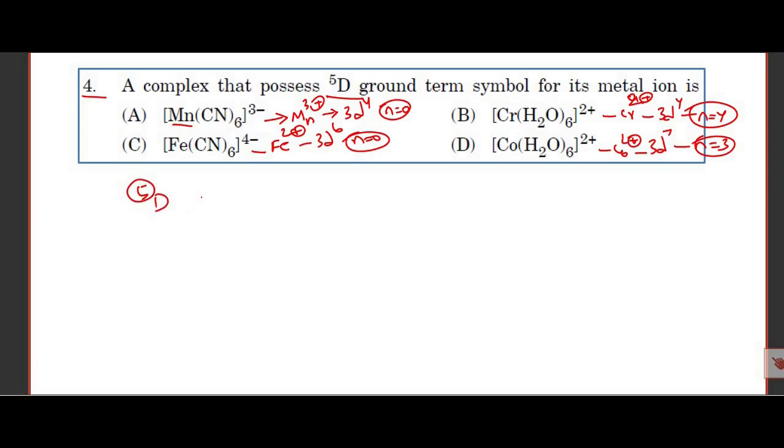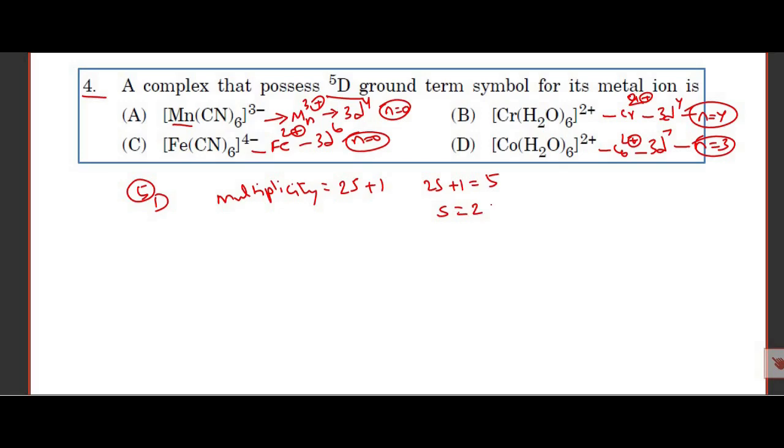For 5D, the spin multiplicity is 2S plus 1, and given 2S plus 1 is equal to 5. So S is equal to 2.